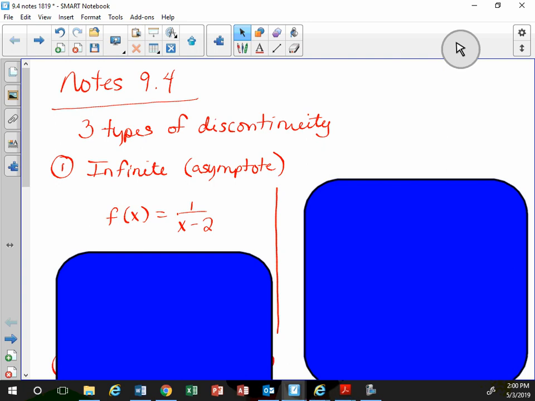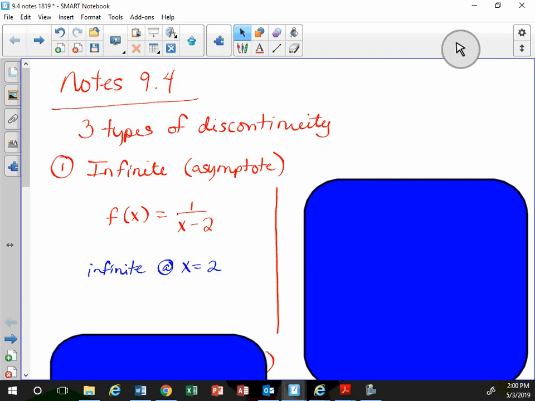And if you graphed it, what would happen at 2? Yes, so if I'm asking you about the discontinuity, you would say that is infinite at x equals 2. Infinite discontinuity at x equals 2, okay?